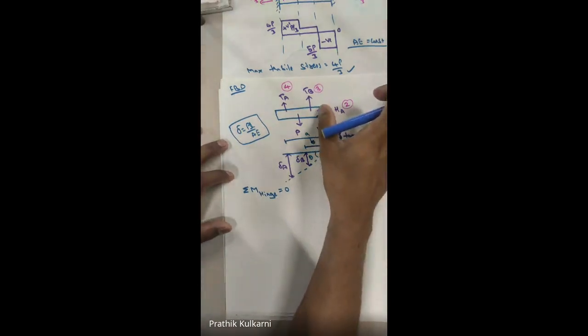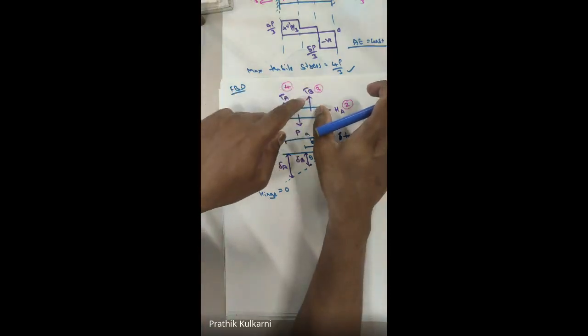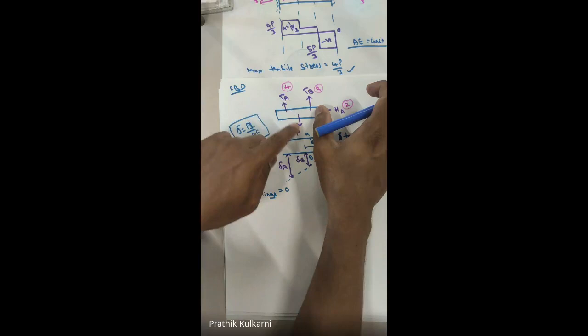So at the hinge, what are the total number of forces we have? You may be talking about SFD and BMD. We have TA, we have TB, we have P. As you all know, if you are going clockwise, positive. If you are going anti-clockwise, negative.